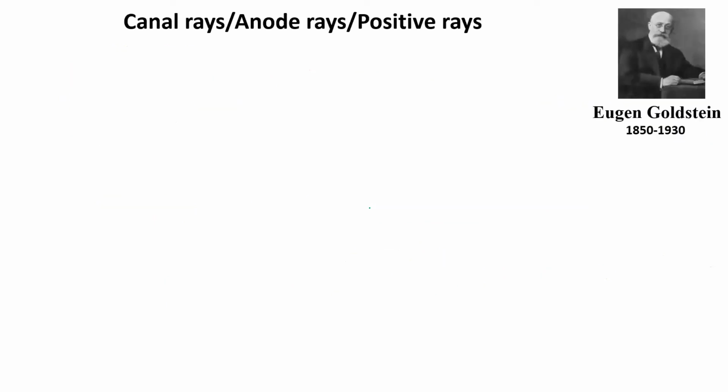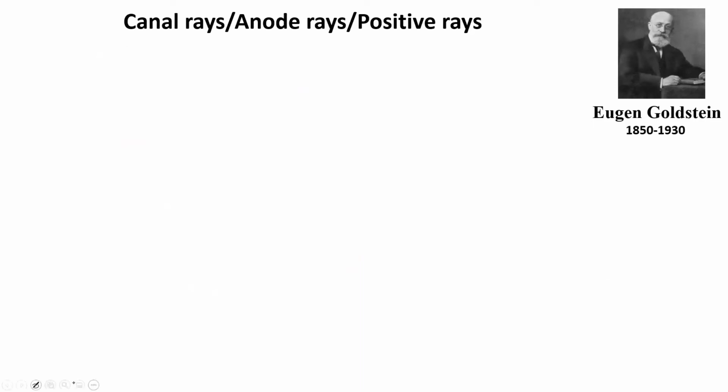All right. Now, people didn't stop from here. They kept on working with these cathode ray tubes, and they made many changes. Another person that made a small alteration to this cathode ray experiment is Eugen Goldstein.